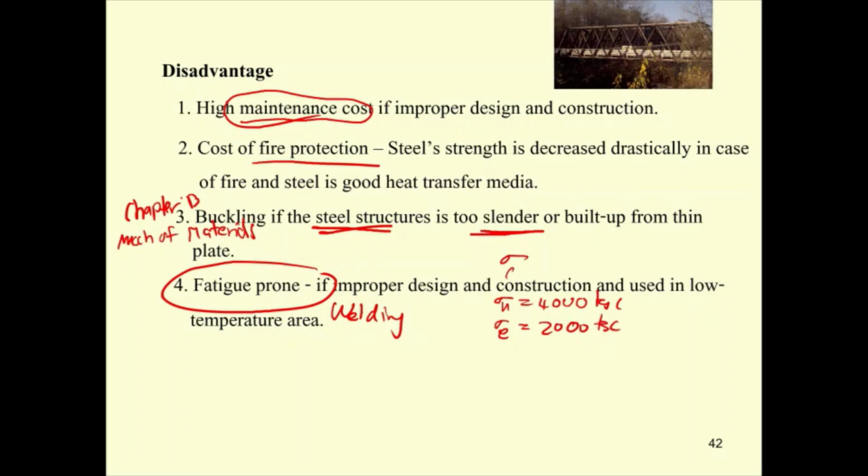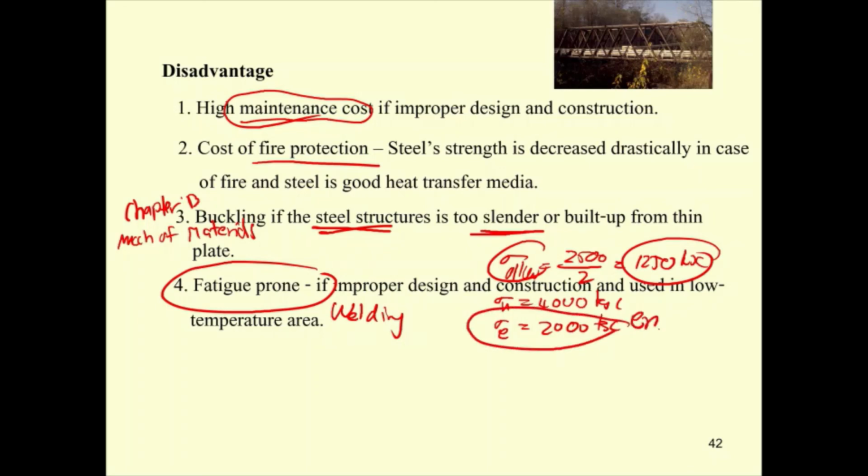The sigma allowable that we usually use is 2500 divided by 2, about 1200 kc. So most of the time, the allowable stress that we use in steel design is less than the endurance limit of the steel for fatigue.